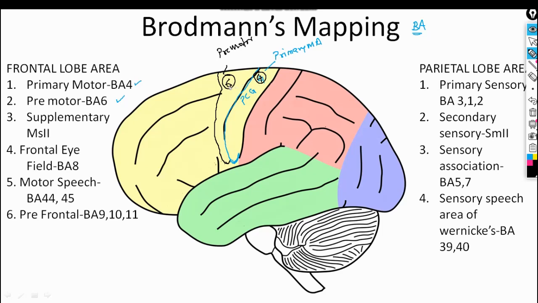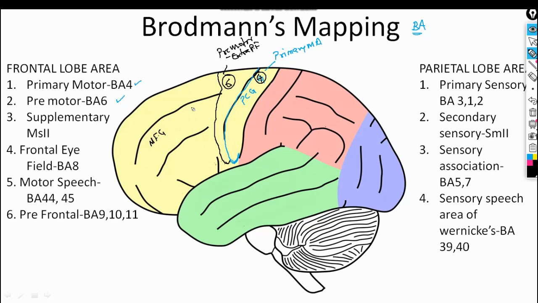Now the next area. This premotor area has extrapyramidal fibers. As you know, this area is the middle frontal gyrus.